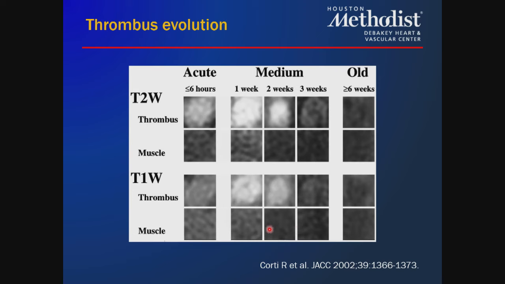So in an acute period, you'll see it's bright, and then as it evolves over time, the T2 signal gets lost as the platelets and fibrin begin remodeling and squeezing out the water, so to speak, and you also lose the T1 signal. So if you do see bright signals associated with a suspected thrombus, this will let you know that it's maybe not chronic and maybe subacute.